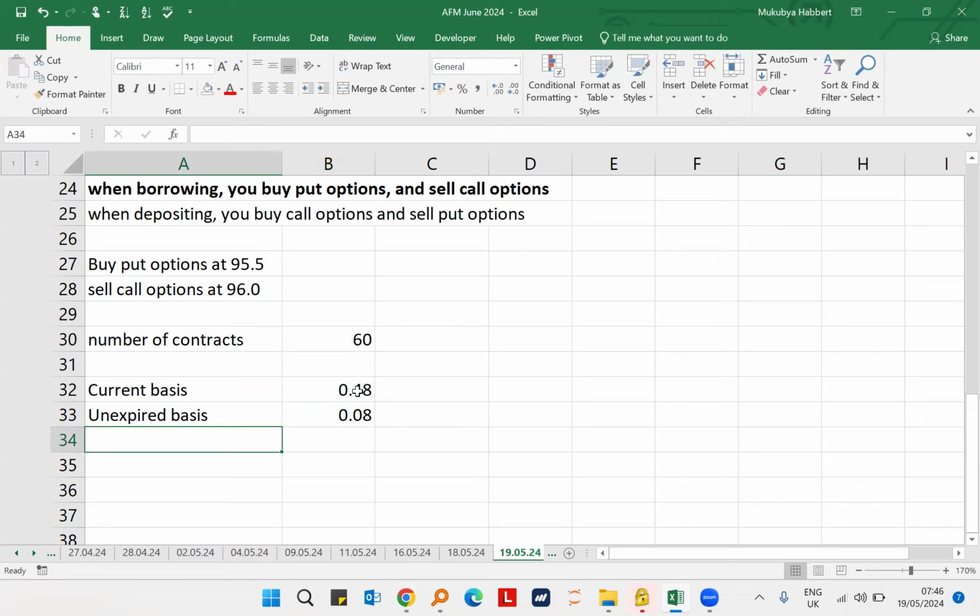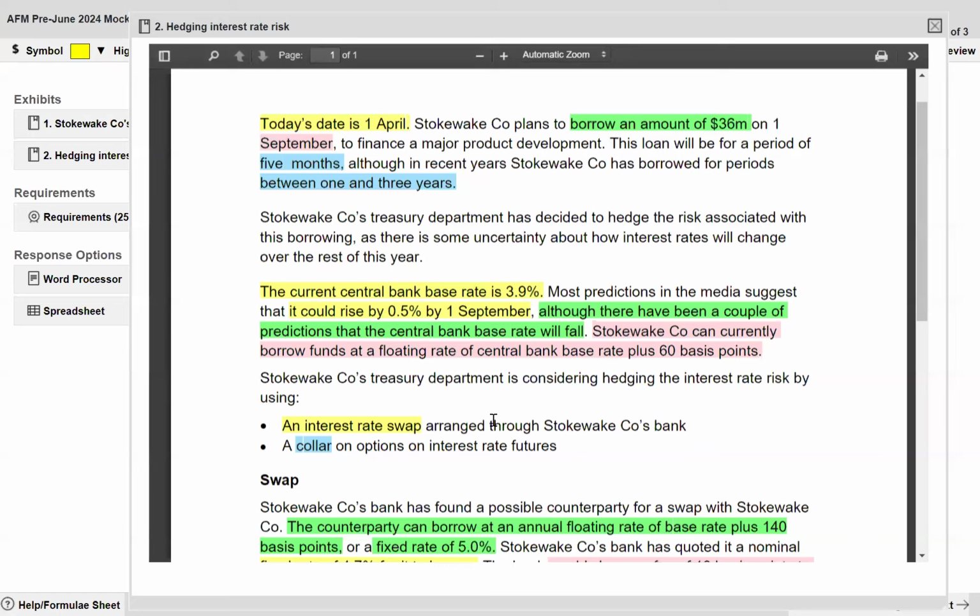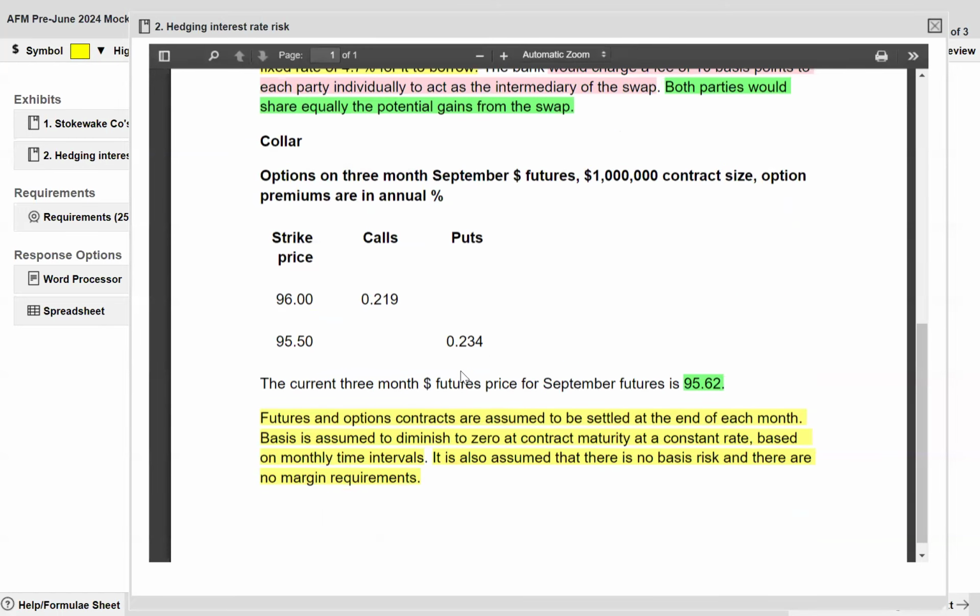Okay. So after getting the unexpired basis, then we can now also look at how much premium should be paid. Because as I told you, we are going to pay 2.34, but also receive 2.19 or 0.219. So the premium that is actually paid is going to be the difference between these ones. But remember, these ones are given as percentages.